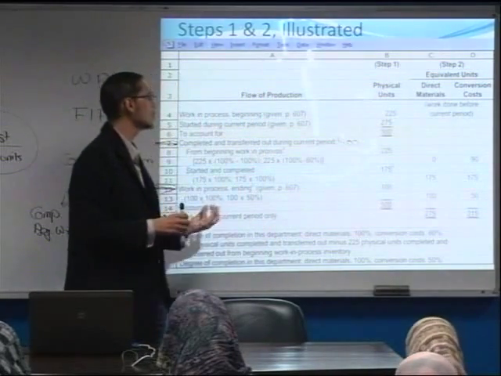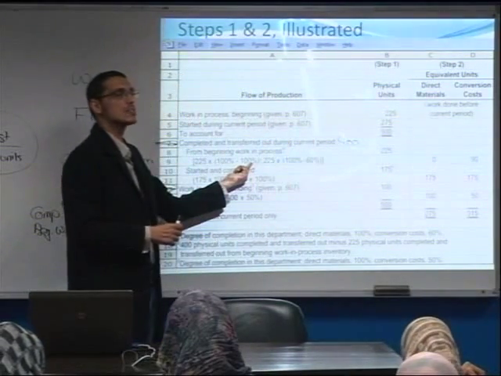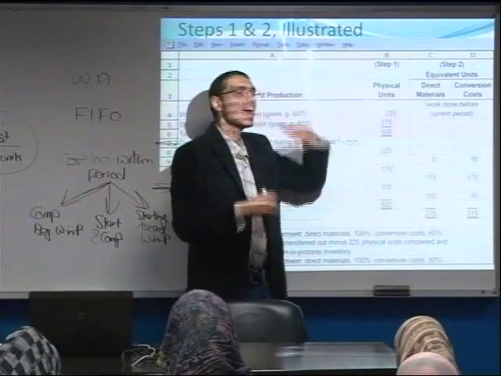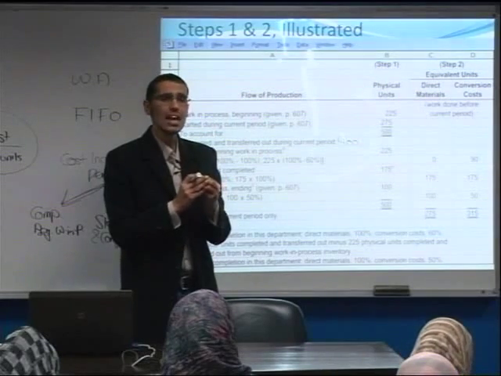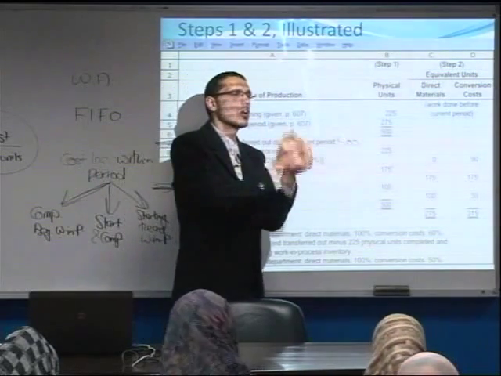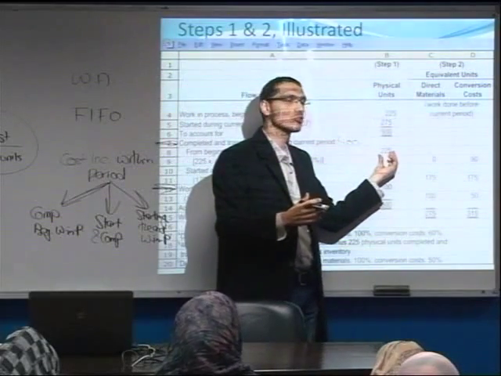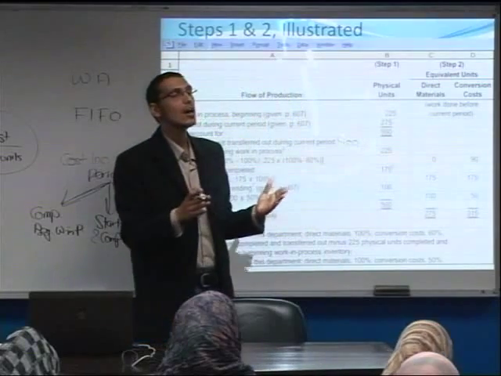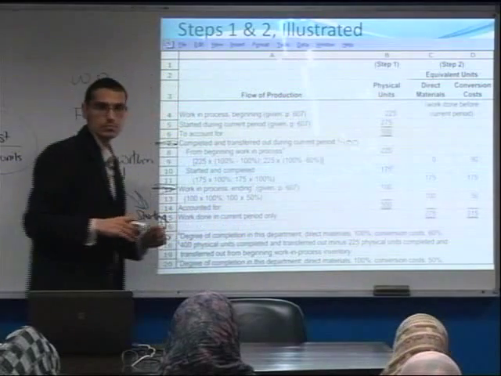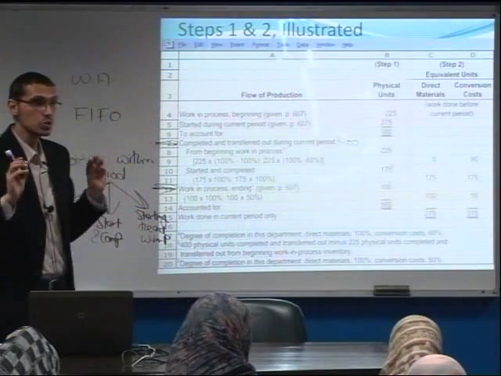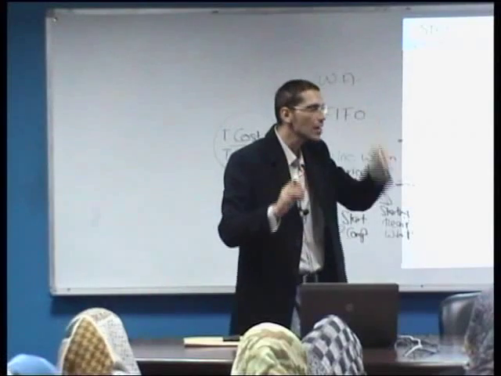Therefore, we multiply the 225 by 0%, which is 100% minus 100%, for the direct materials. And for the conversion costs, we have only incurred 40% in this period. Therefore, we multiply the 225 units by 40%, which is 100% minus 60%. Any questions?